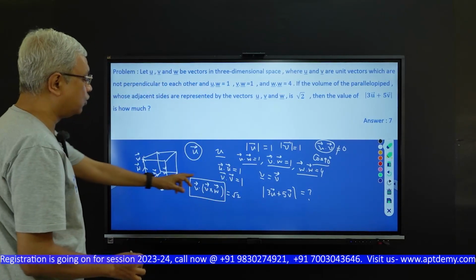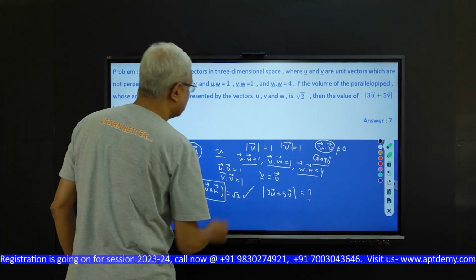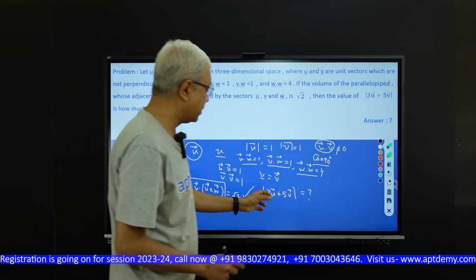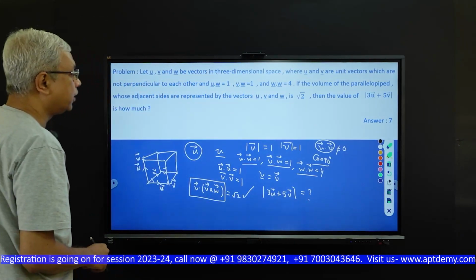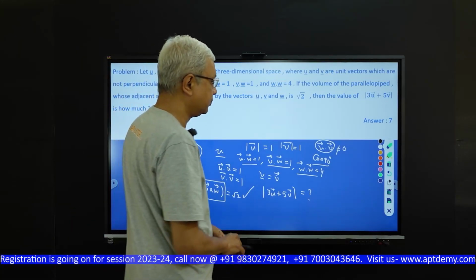So this is the volume of the parallelepiped and this is equal to root 2. Then you have to find out the value of mod 3u plus 5v. Okay, this is the given problem.